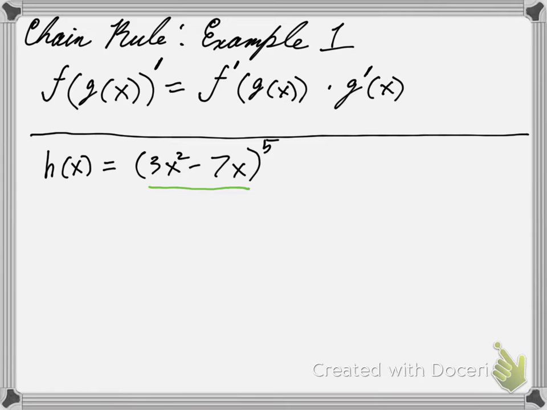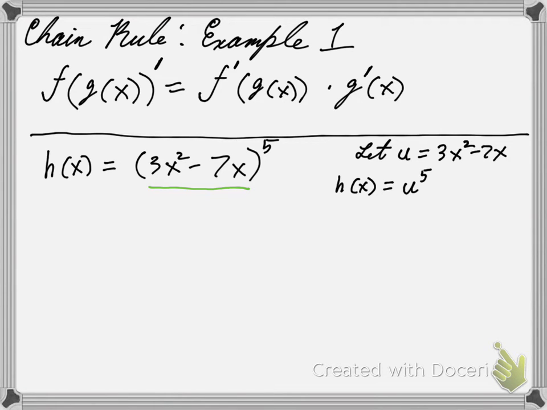So one thing you can try is, say, let a variable u equal what you think may be the inner function, 3x squared minus 7x. Then the entire expression h of x would end up equaling u to the 5th.